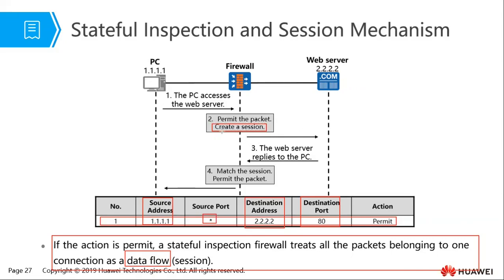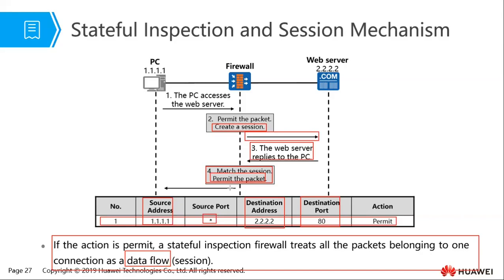So what happens is that once that session has been created, the firewall, of course, is going to forward the packet to the internet. Then the web server is going to reply. Now, when the web server replies, when the firewall receives that reply, it's simply going to match that particular session with this particular information and simply permit the packet.